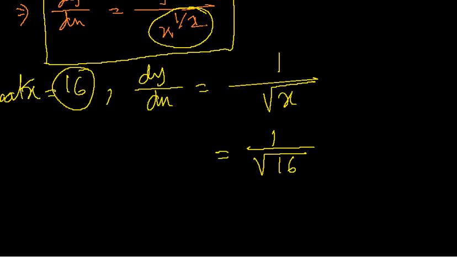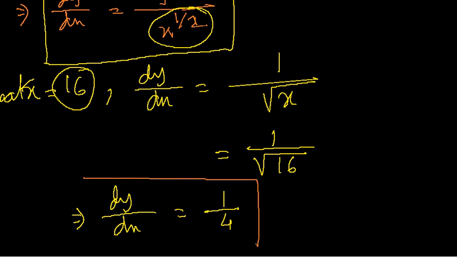So dy by dx equals 1 by root 16, which is 1 by 4. So the value of dy by dx is 1 by 4 here.